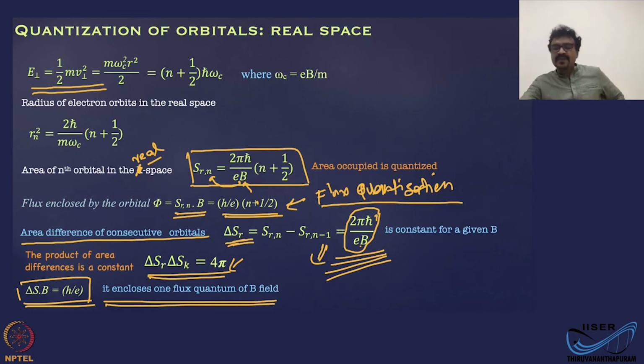All right. So what we have seen in this lecture is the formation of Landau levels under the action of a magnetic field and also Landau tubes in 3 dimensions. Then the quantization of the electron orbits in k space and real space, and the flux quantization in a closed orbit in real space. Okay.